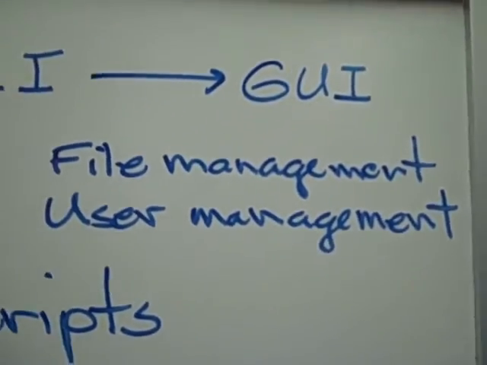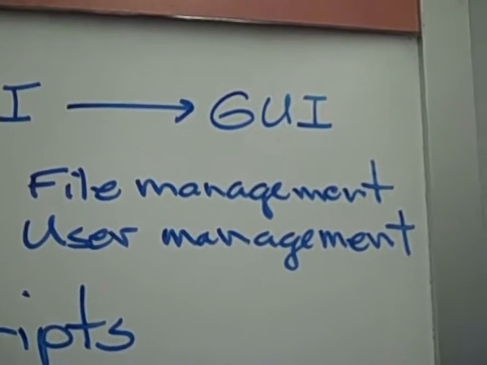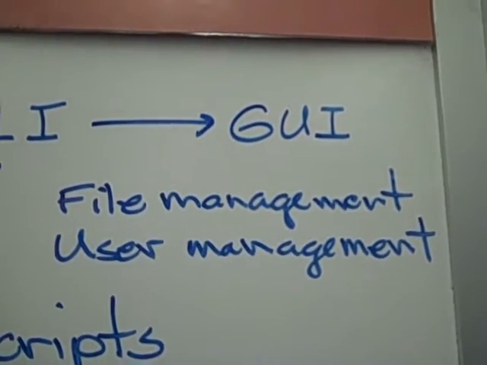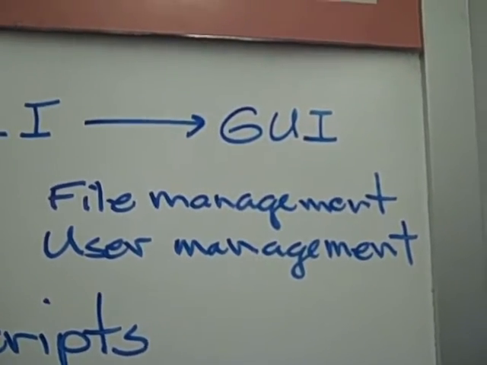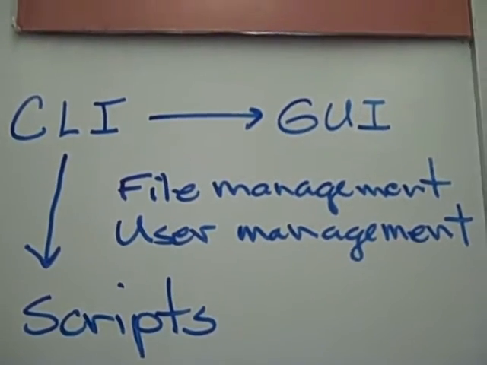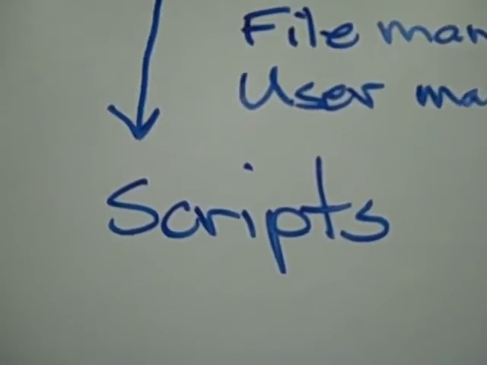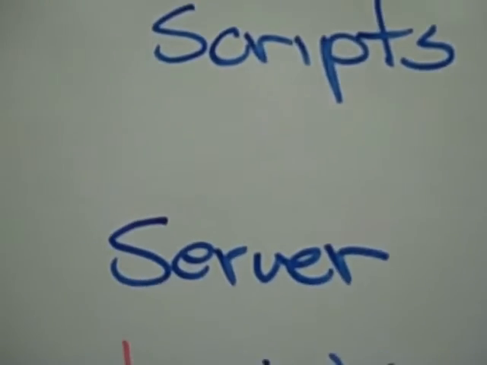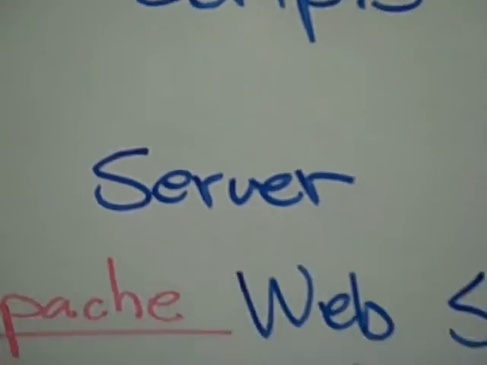At this point we should be able to do some file management and some user management, create groups, and probably not directly tied to those two would be schedule some tasks. We did a little bit of scripting.